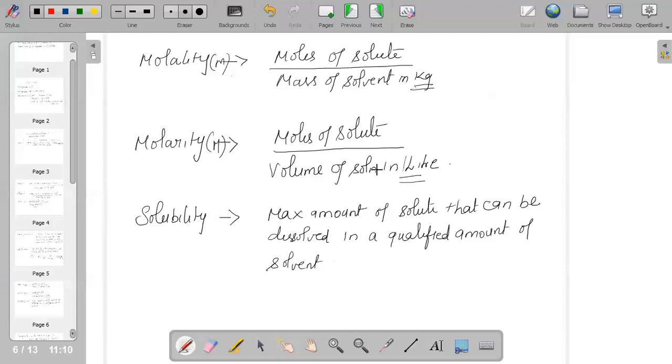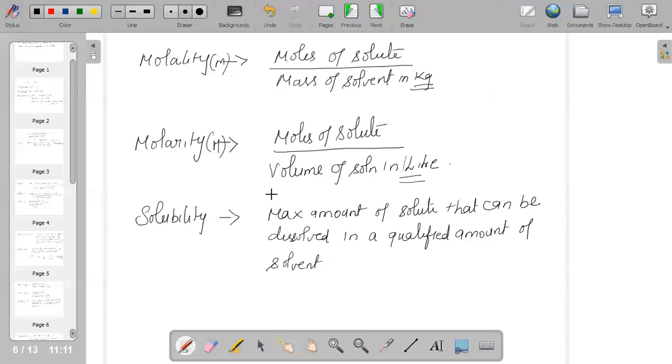This property depends on factors like the nature of the solute and the solvent and the interaction between them: what type of solute and solvent we have considered, and how strong their interactions are. Based on that, the solubility depends.